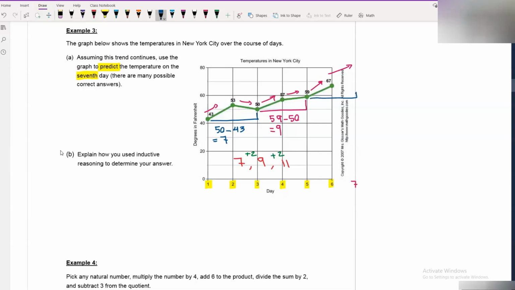Meaning, if I subtract, I should have 11 here. So that is 59. I should have 70 to be able to have this one equal to 11. The next number here is 70.